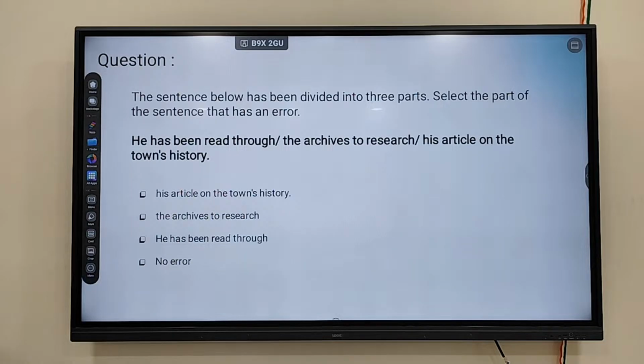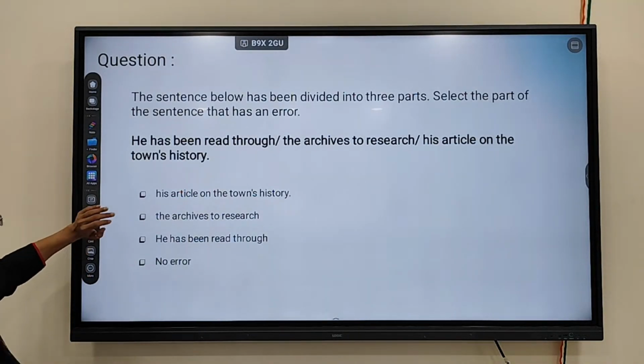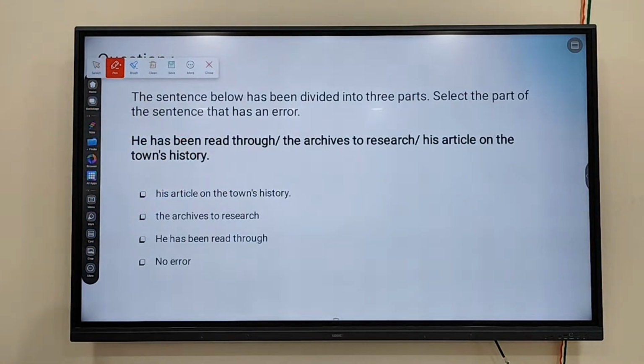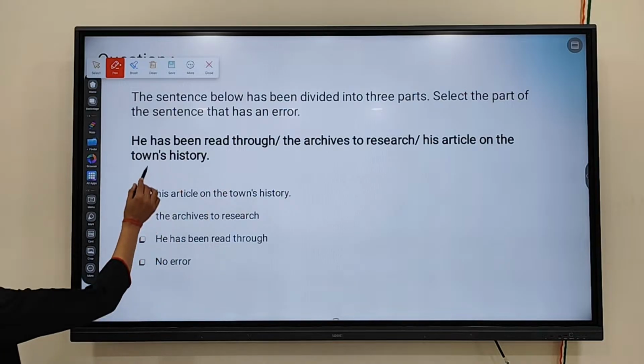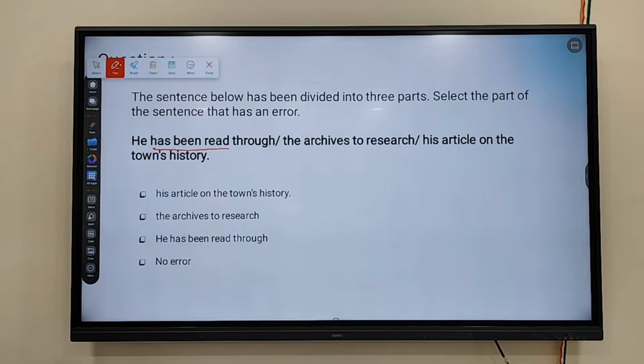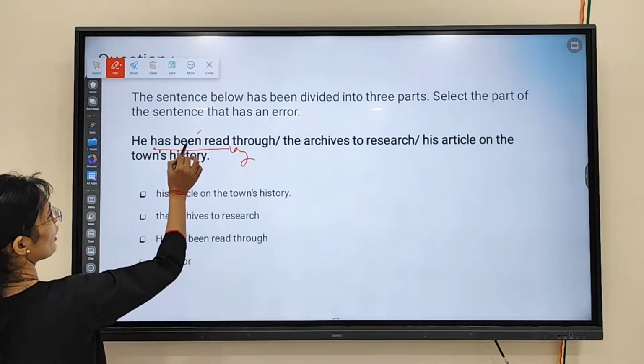Moving on. He has been read through the archives to research his article on the town's history. What is the problem here? Think about the tenses rule. It has to be he has been reading through or he has read through, correct?